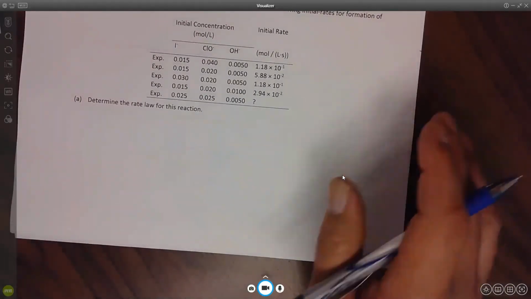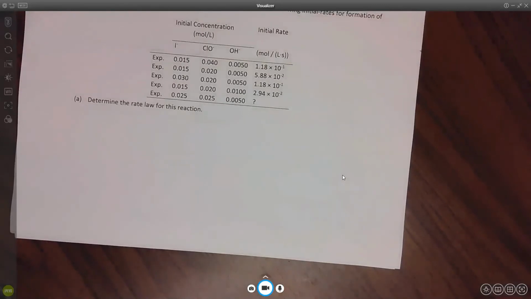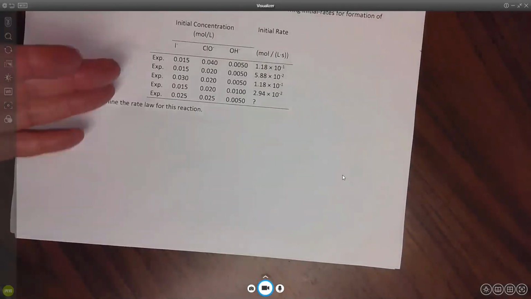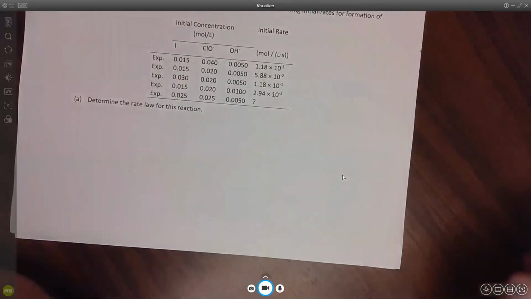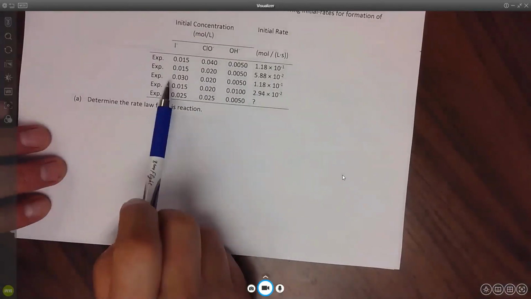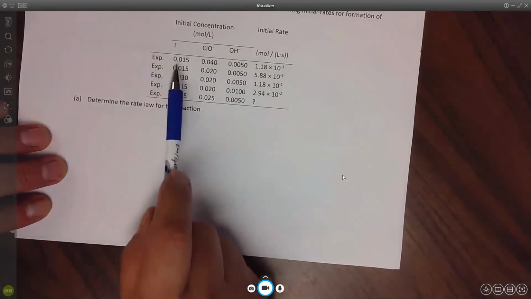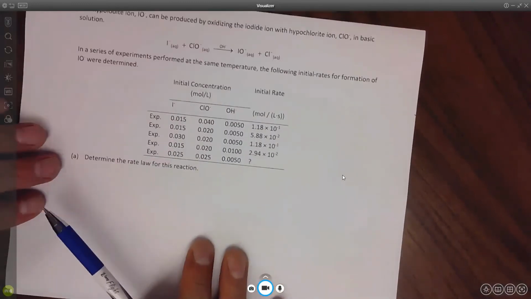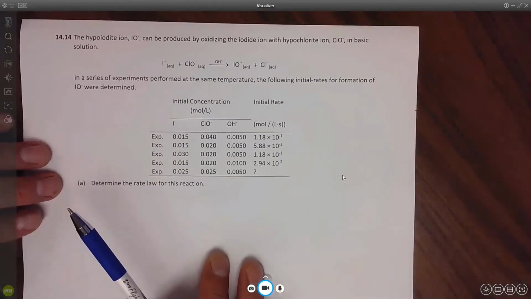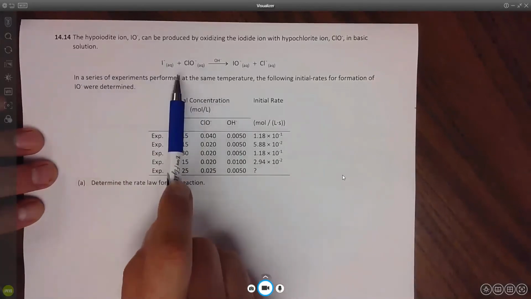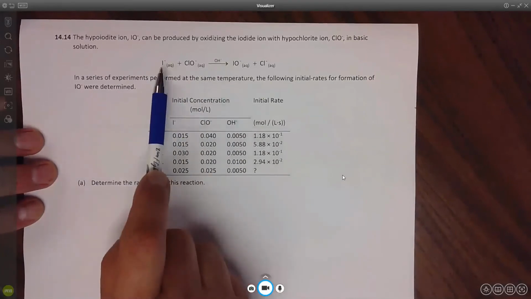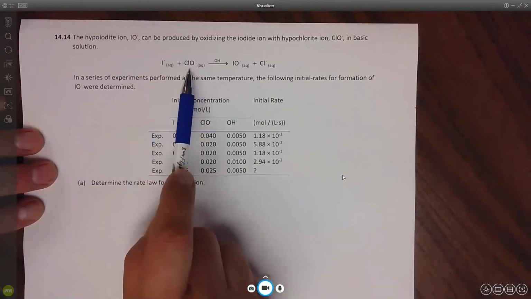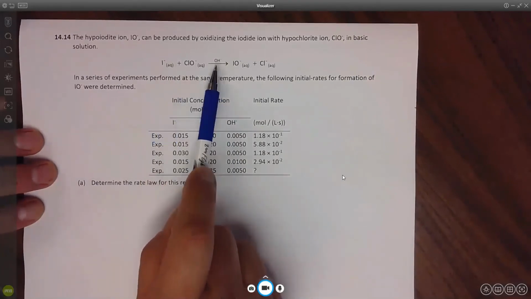Okay, so next, whenever you see a problem like this, you should know it's going to be the method of initial rates, where we're running a bunch of experiments at different concentrations. Number 14 says the hypoiodide ion can be produced by oxidizing the iodide ion with hypochlorite ion in basic solution.